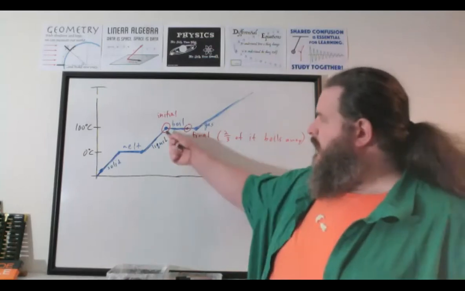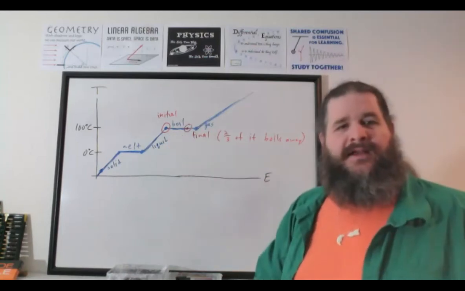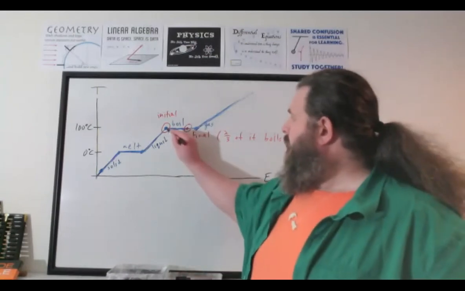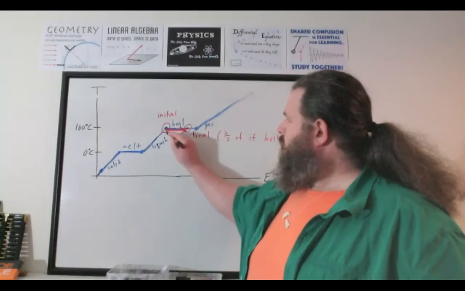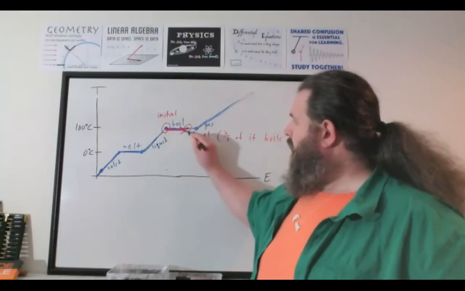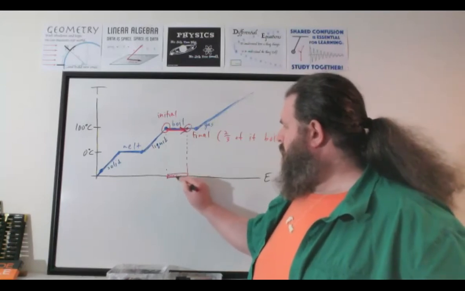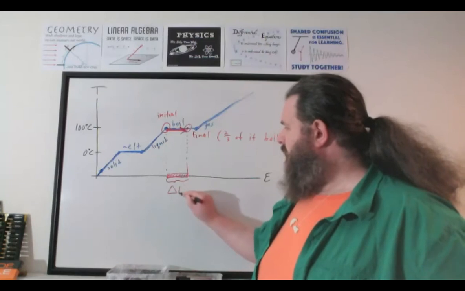So maybe you start with 9 kilograms of liquid water, and you boil it so there's only 3 kilograms left. 2/3 of it has evaporated. In that case, this procedure is a certain amount of energy added. This amount of energy would be the delta energy, change in energy.